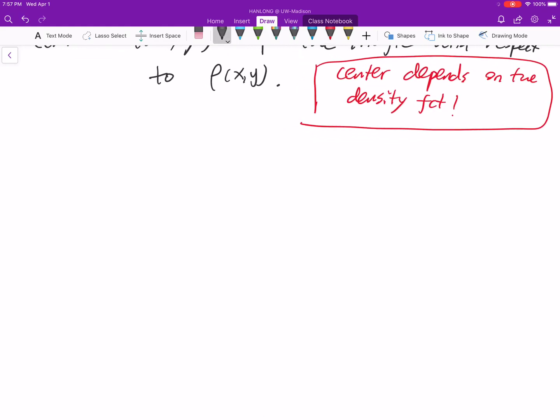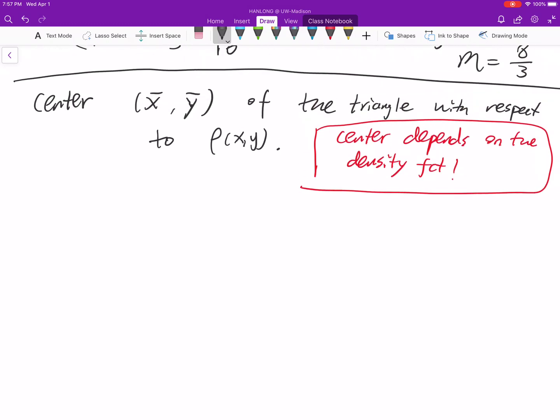Okay, now let's write down the formula. So here, the center is just a point in the same Euclidean space as the triangle. Since we are in R2, you should have 2 coordinates for the center.